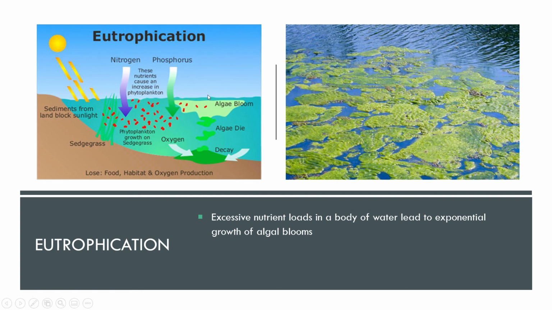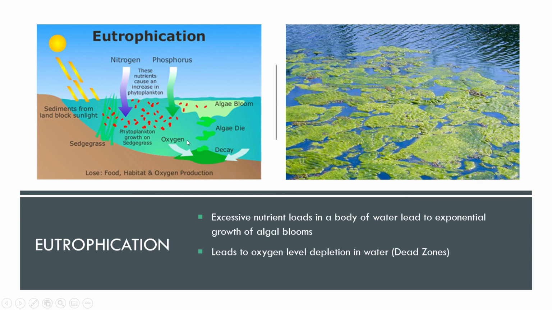Those algal blooms are going to start dying, which leads to them falling to the bottom of the pond, lake, river, wherever it is, and then they're going to start to get decayed by all the other things that normally decompose those. Those decomposers need oxygen. So what it's going to lead to is an oxygen level depletion, because we're going to have an excess amount of living things that need to be decomposed.